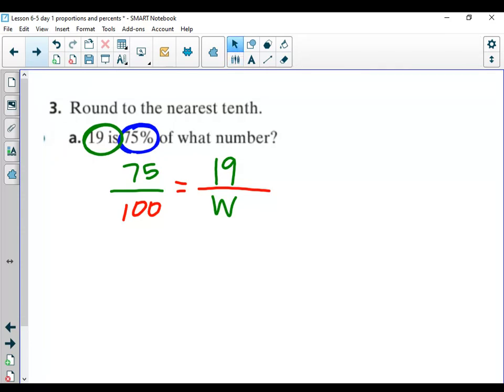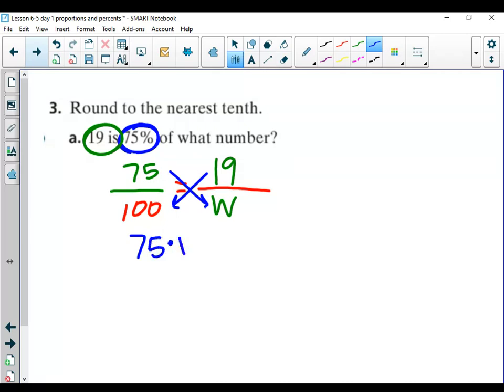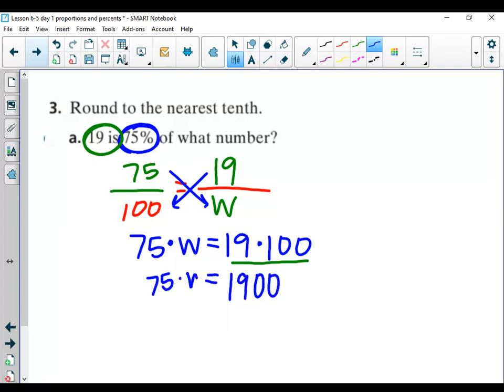How am I gonna find out? So glad you asked. Cross product. Hey, look, no side problem over here. Yay! What is 75 times W?